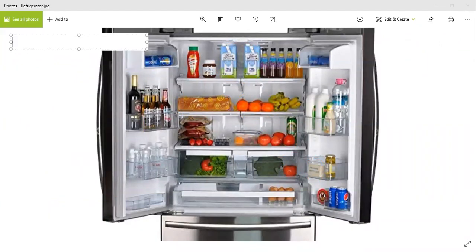Countable and uncountable nouns. Let me share this screen with you so I can explain this now.